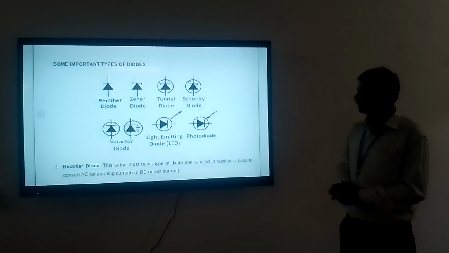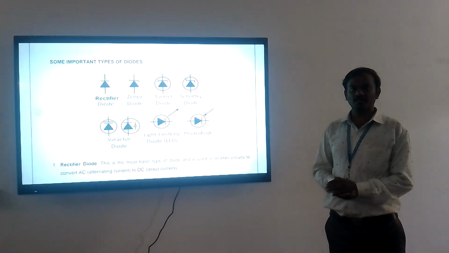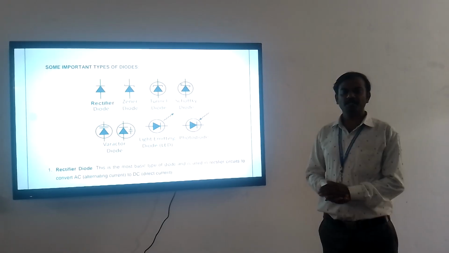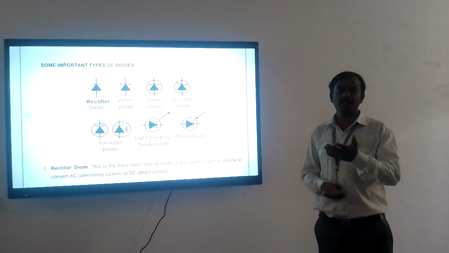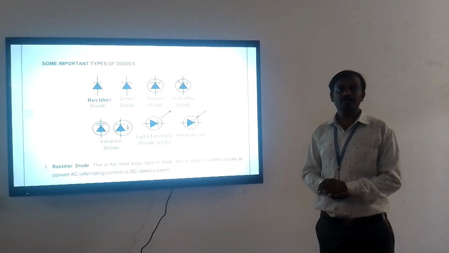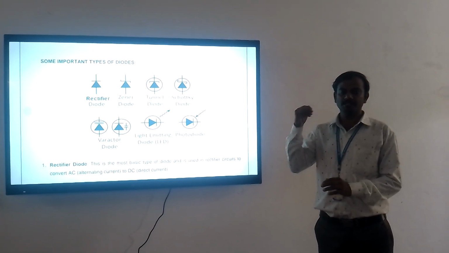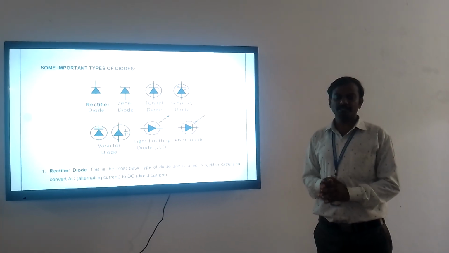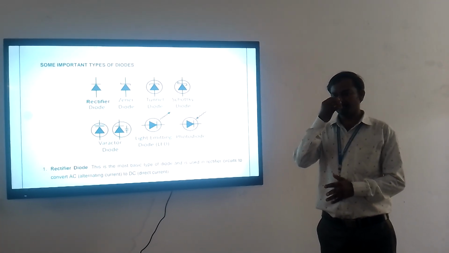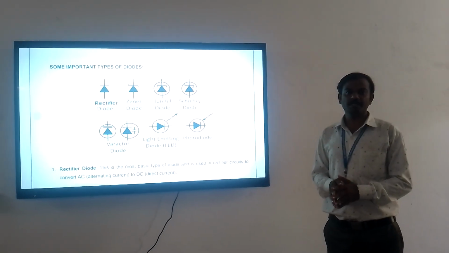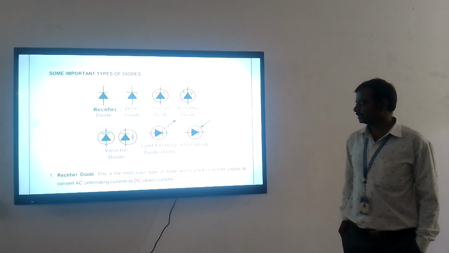The next one is the light emitting diode. I think you already know about it familiarly. The work of a light emitting diode is that when you apply electrical energy with forward biased voltage, it is converted into light energy. Next is the photodiode.